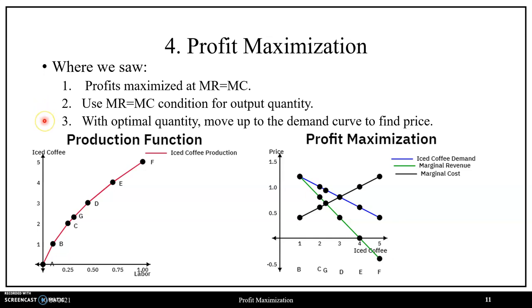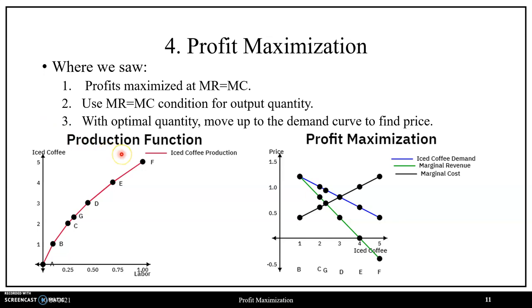In terms of the pricing strategy, this led us to move up to the demand curve to see what households were willing and able to pay at this particular quantity level, since they have market power due to the differentiated product and their brand loyalty that's established from the differentiation.